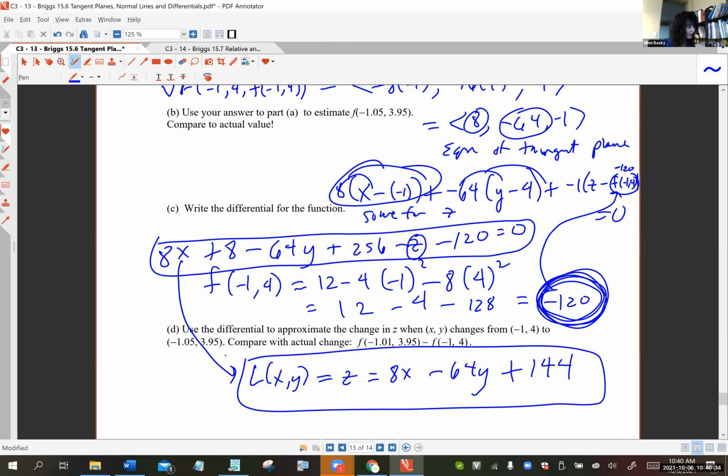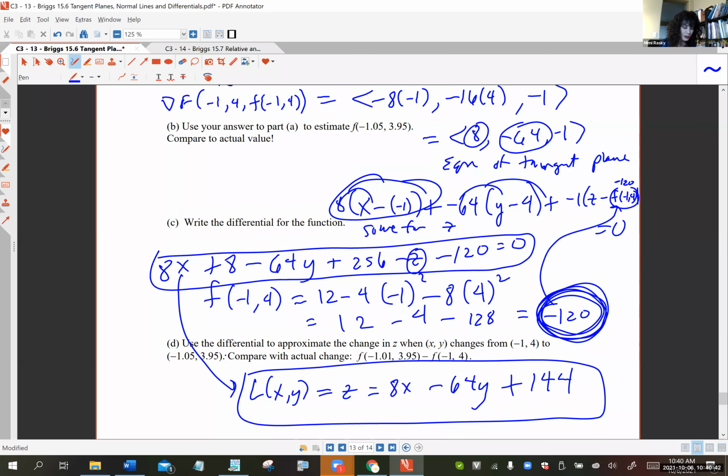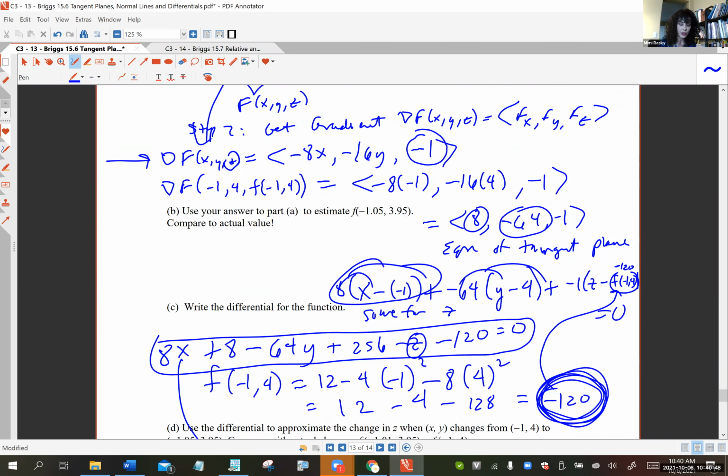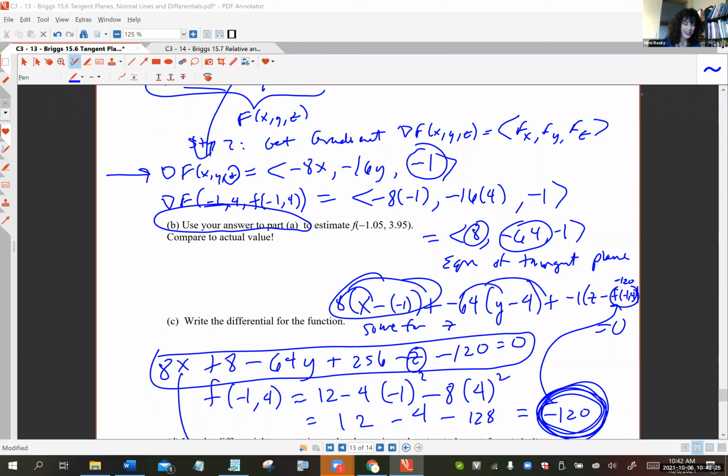What we're going to do right now is use it to do some of the other parts of this problem. So this right here is the answer for part A.